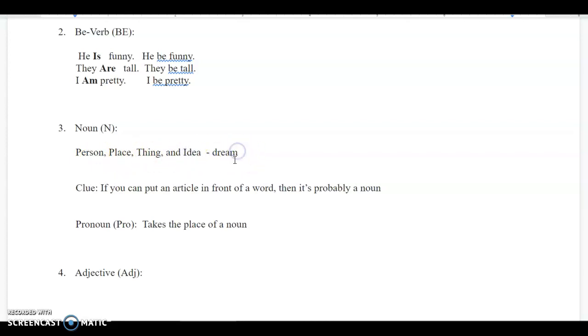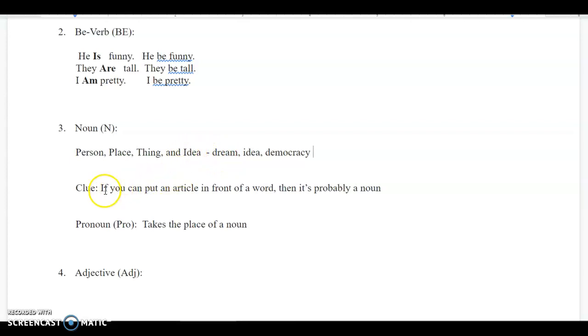So like dream, an idea, and democracy. Okay, we have democracy in America, right? So democracy, it's not a person, it's not a place, it's not a thing, right? But it's an idea. So remember the fourth category called idea.